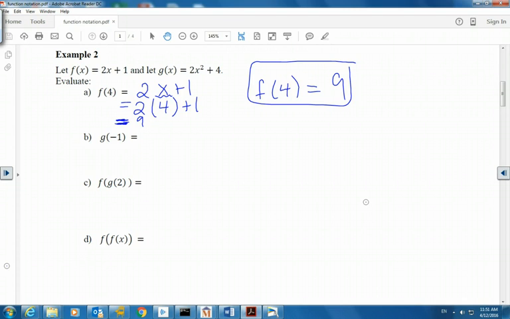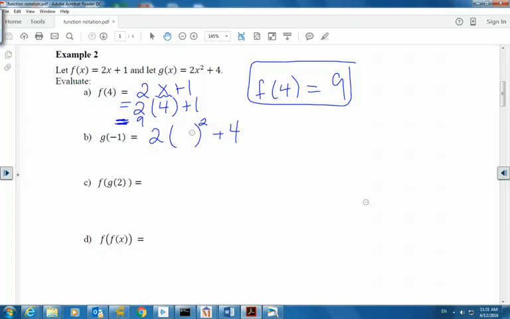Now, g of negative 1. This is telling me to do what? So I've got g, and instead of writing the x this time, I'm going to put a bracket instead of the x. Now, notice I have the squared outside of the bracket. That means the whole number that gets substituted in gets squared. So what number am I going to put in there?